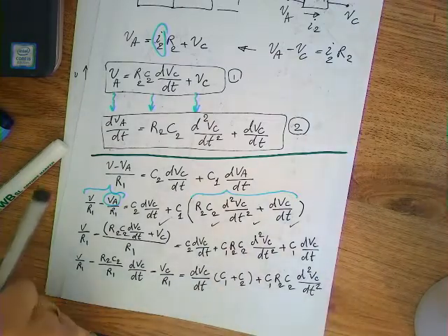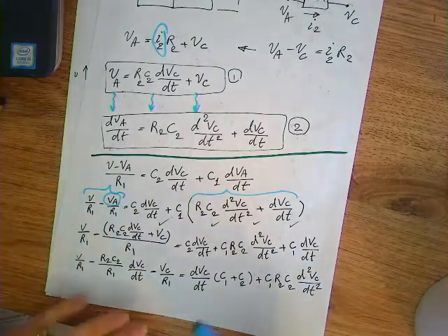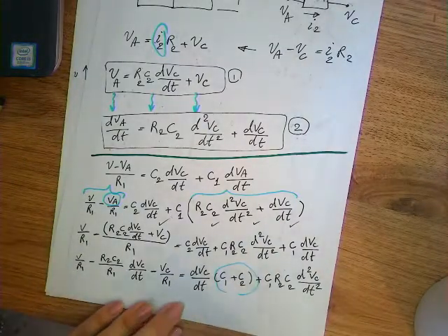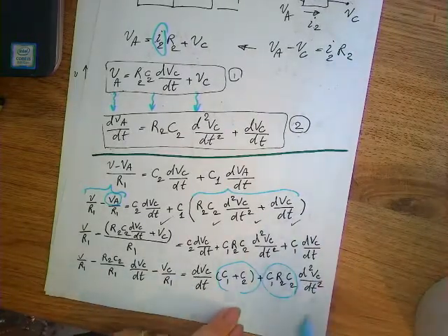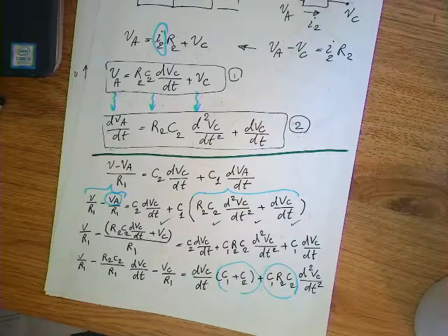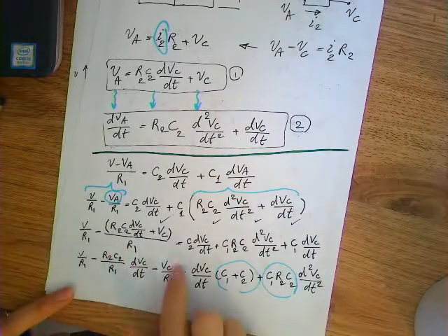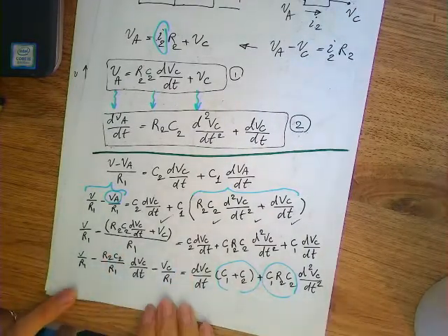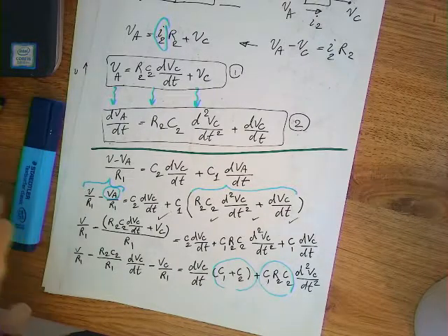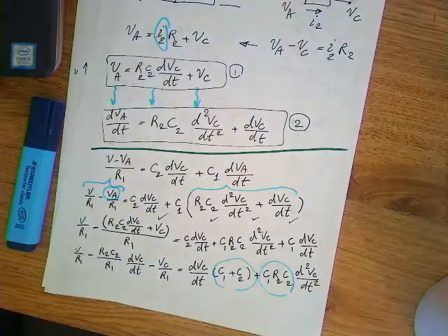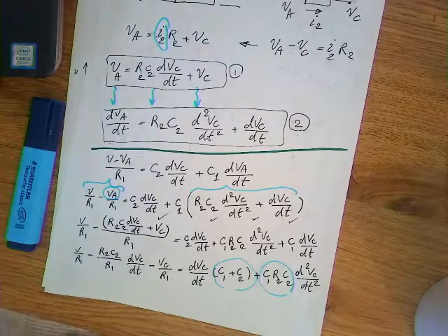Okay, now I have something that is multiplied in my first derivative, and I have something that is multiplied in my second derivative. But I should bring all this stuff to the other side. That will complete the job. So I'm just writing the final equation here.